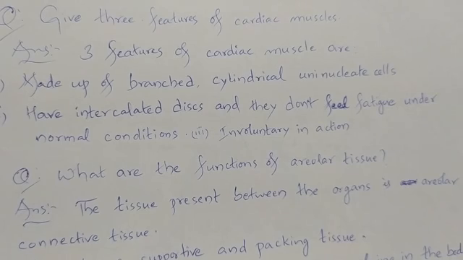In both skeletal muscles and smooth muscles, the cells are unbranched, whereas only in cardiac muscle the cells are branched. Cells are branched, cylindrical and uninucleate. They have intercalated discs in between the cells.